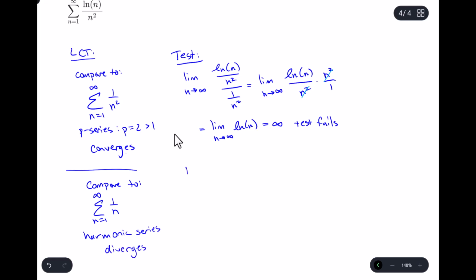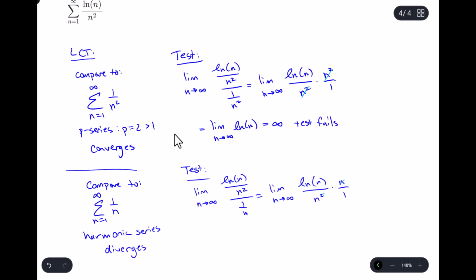Okay, so then the test would again require a limit as n goes to infinity of natural log n over n squared divided by 1 over n. So then I have the limit as n goes to infinity of natural log n over n squared times n over 1.